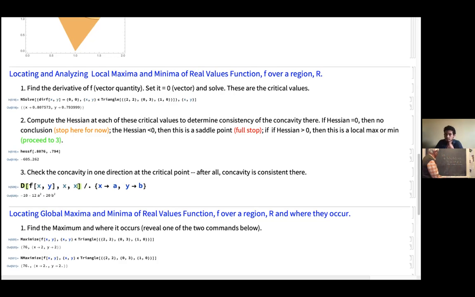It only tells you that it is. And if the Hessian is less than 0, then the critical value is a saddle point. Saddle point means that it's concave up in some directions and concave down in other directions, like a saddle on a horse.